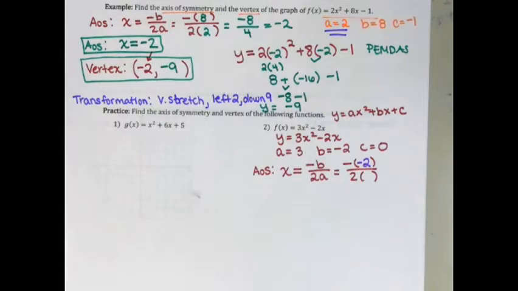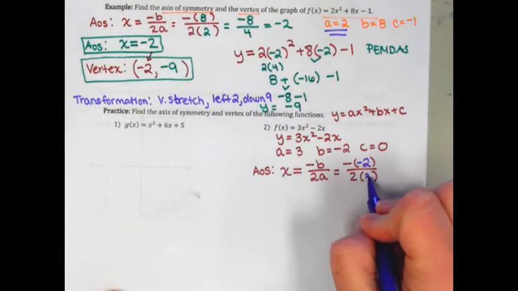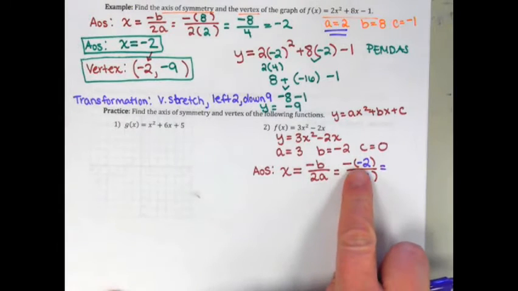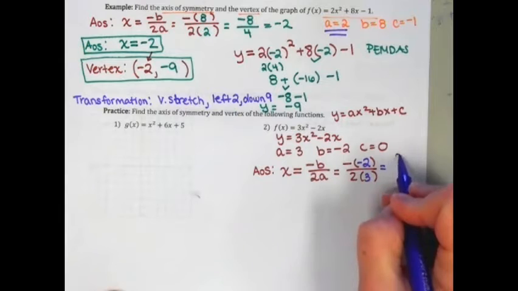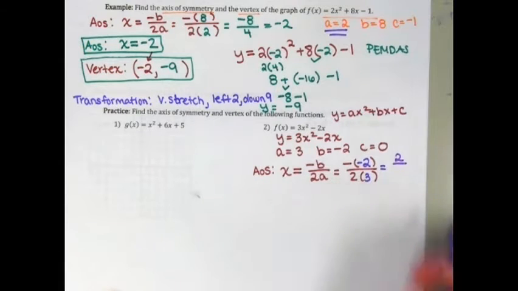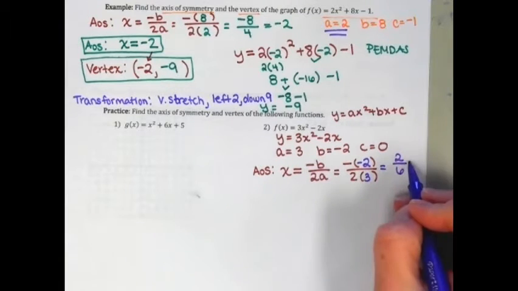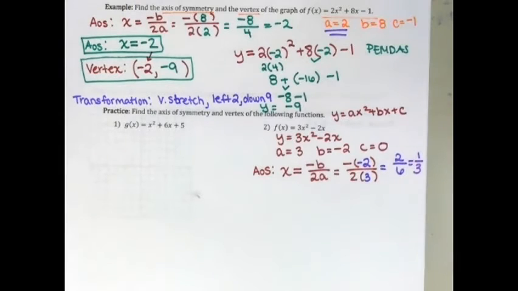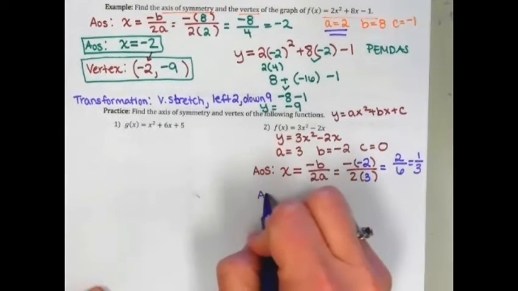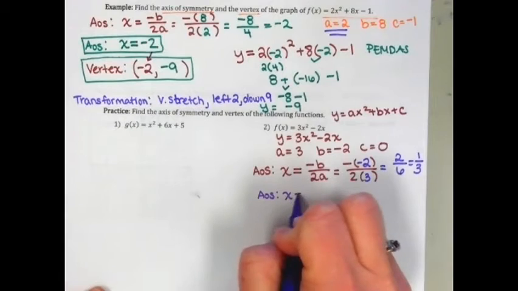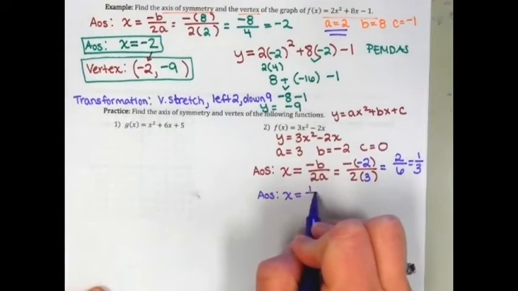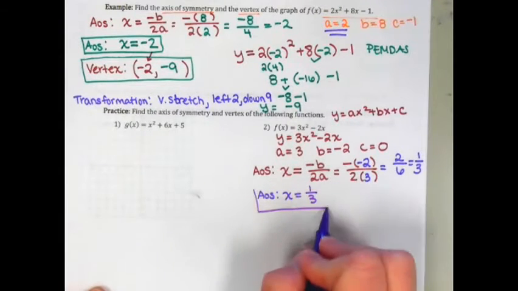And what's my a? 3. So a negative and a negative make a positive. 2 times 3 is 6. And what does 2 over 6 simplify to? 1 over 3. Okay. So we know my axis of symmetry is x equals what? 1 over 3.